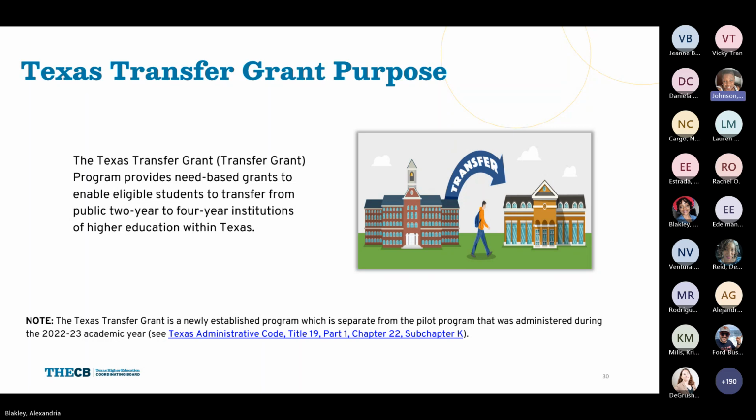Key items to remember are: this is a newly established program that is totally separate from the pilot program that was administered during the 22-23 academic school year. And the program will now be administered as a block grant, meaning institutions will identify program recipients, determine eligibility, award, and disperse program funds.